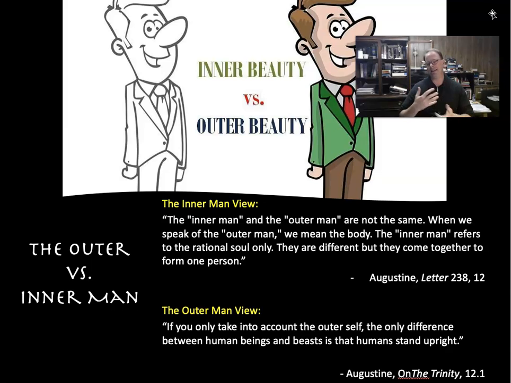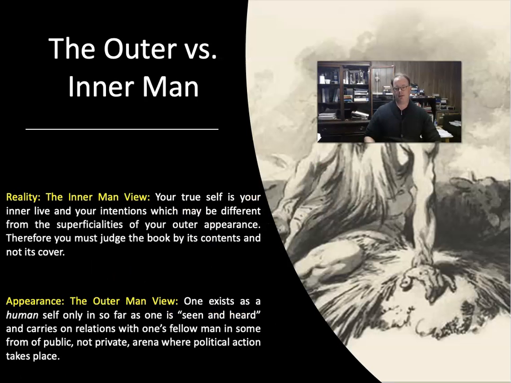Augustine has an interesting attempted synthesis between the rationalism of the Greeks and the faith-based life of the ancient. The biblical or the Augustinian point of view, the inner man represents your true life, your faith, your intentions, right? And that you should therefore not judge a book by its cover, but by its content.